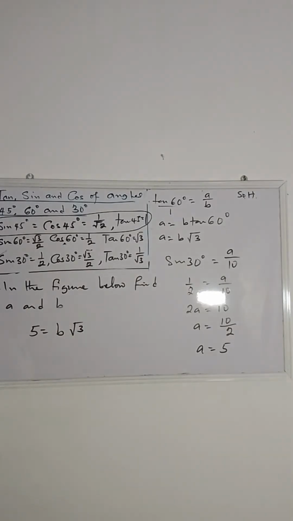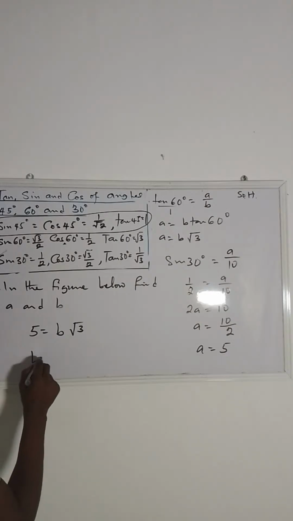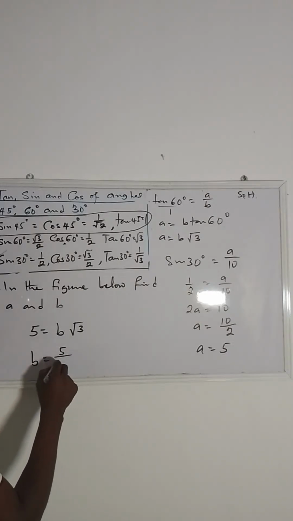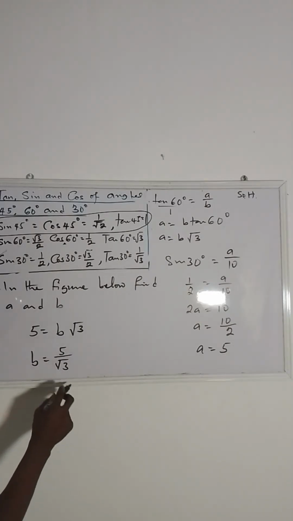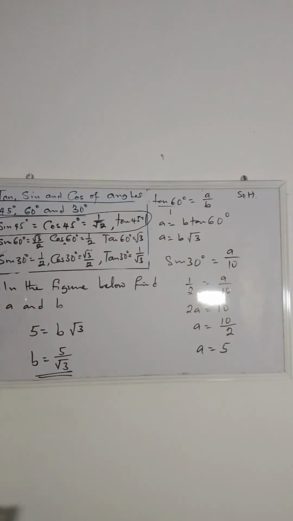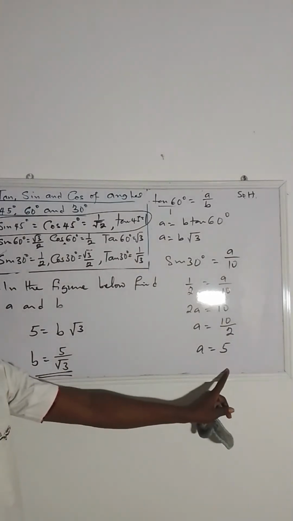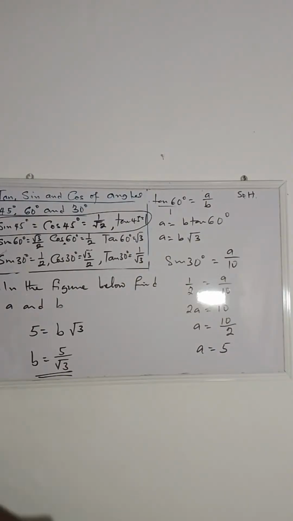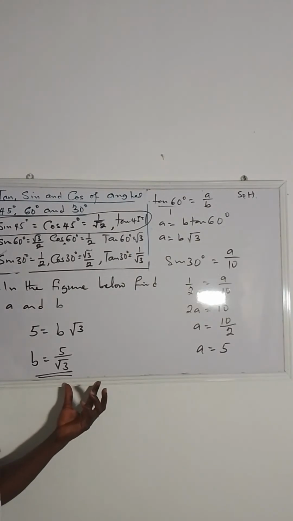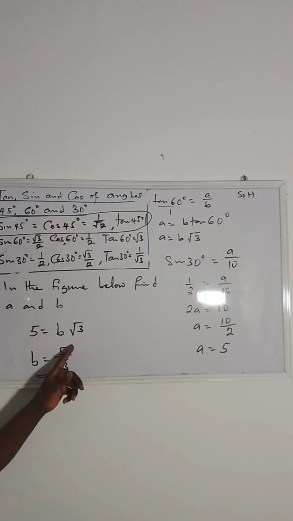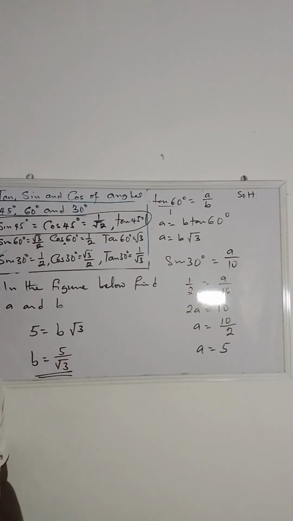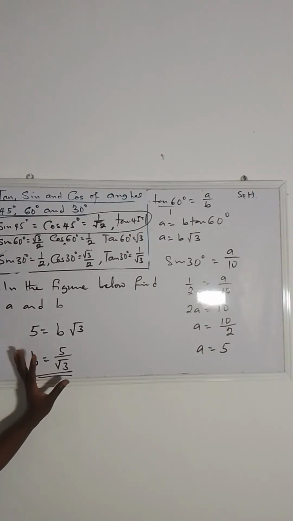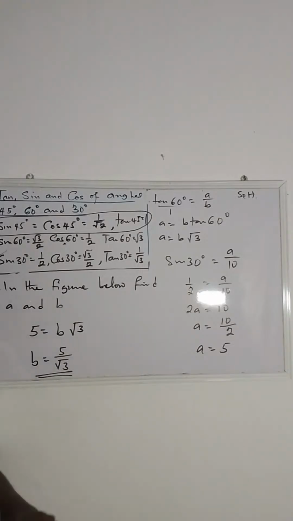You can divide both sides by square root of 3, so we have B equals 5 over square root of 3. Now this is going to be the answer. So we have A to be 5 and B to be 5 over square root of 3. You can rationalize this if you care to, by multiplying the numerator and denominator by square root of 3, but let's leave the answer this way. All right, so these are the answers to the problem.